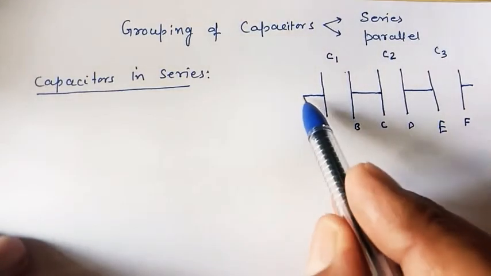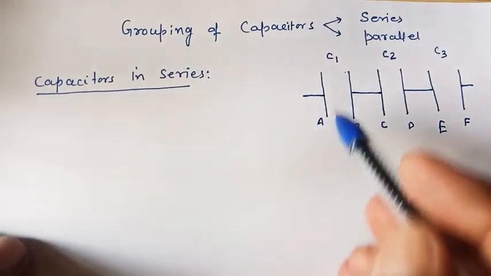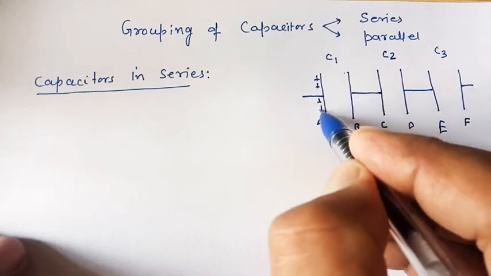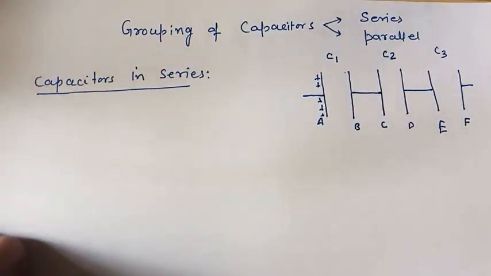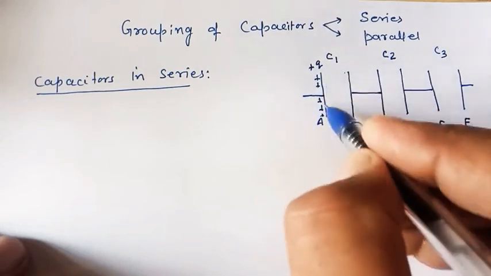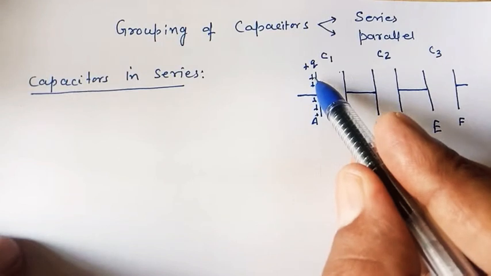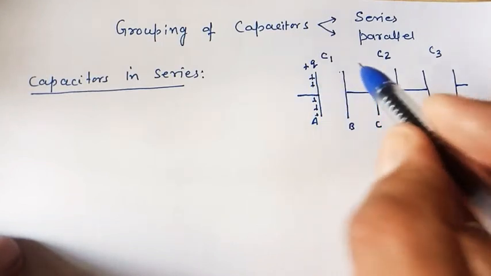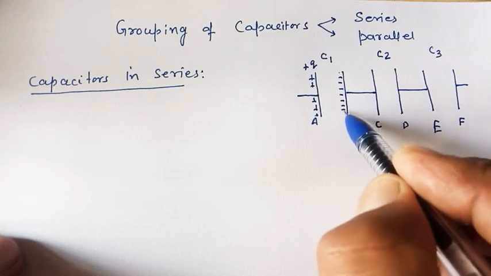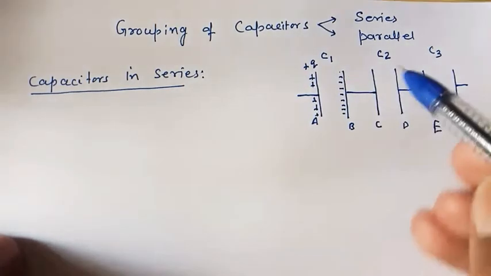Now suppose you are connecting this combination to a battery. Battery is connected. So what happens? Battery will supply the positive charge here, and let this positive charge be plus Q on this plate. When this positive charge is here, at the other end of the plate negative charge will appear, and on this side there will be the positive charge.